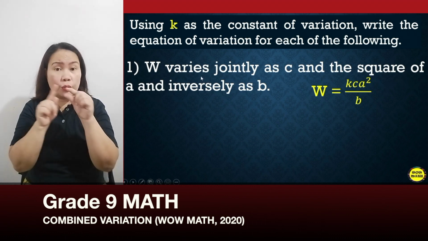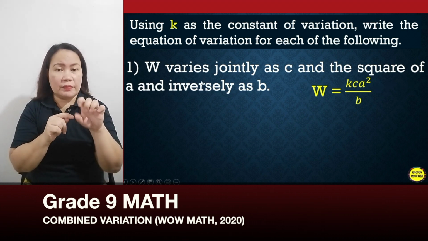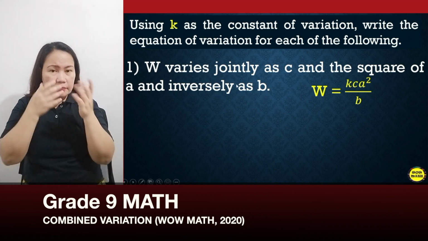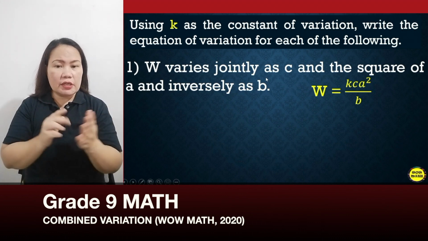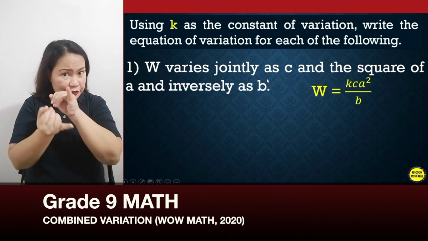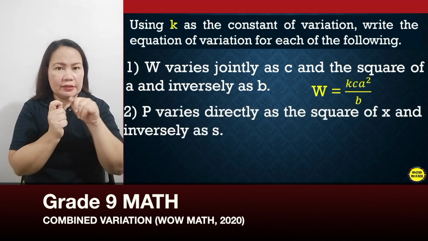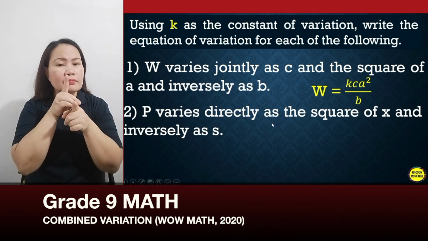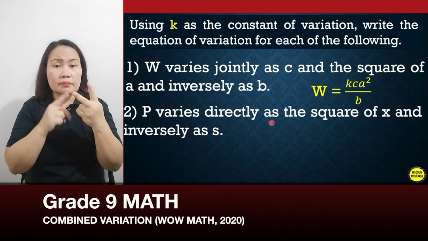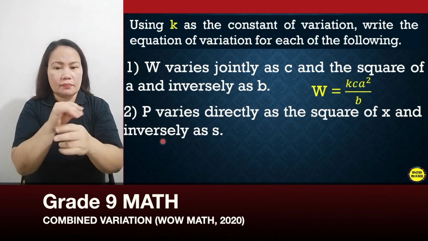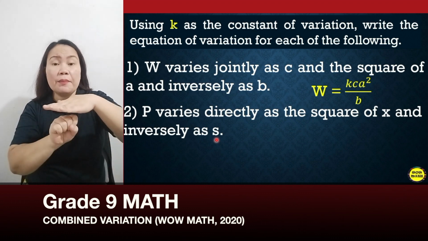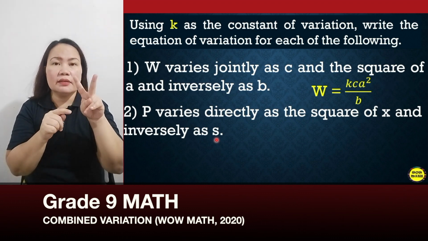Look carefully when we translate a mathematical statement into an equation. Check what is used, whether directly, inversely, or jointly. Another example: P varies directly as the square of X and inversely as S. When it is inverse, it means it goes to the bottom, the denominator.